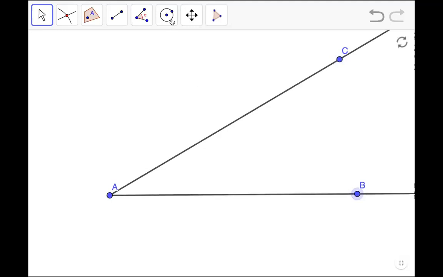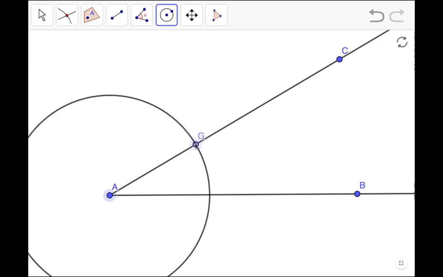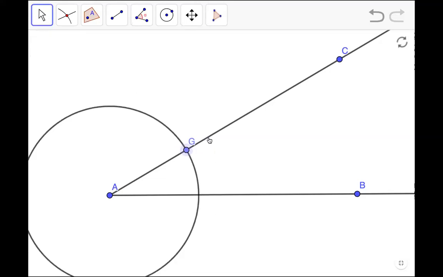Okay, step 1. Make a circle that has A as its center and pick any point you want on either of the lines, so you can get the radius of the circle.